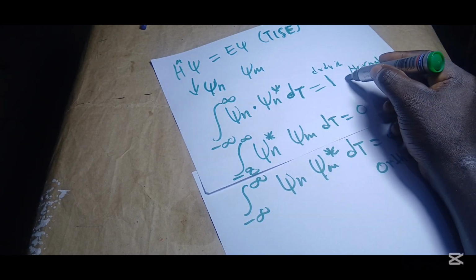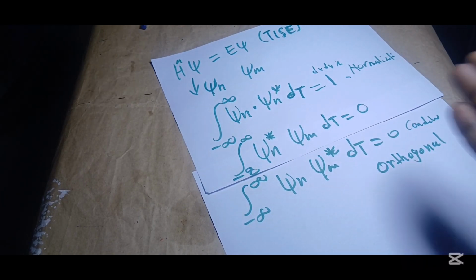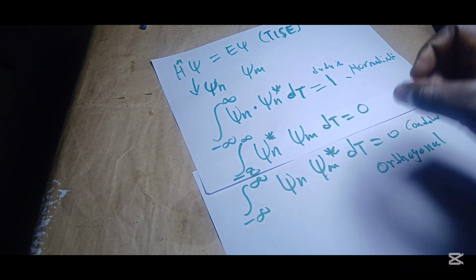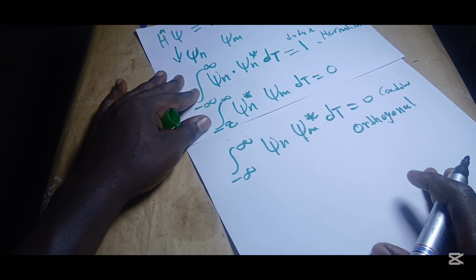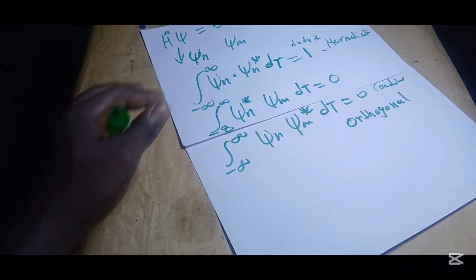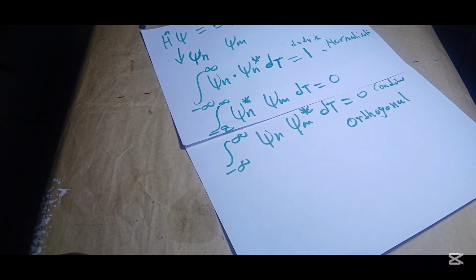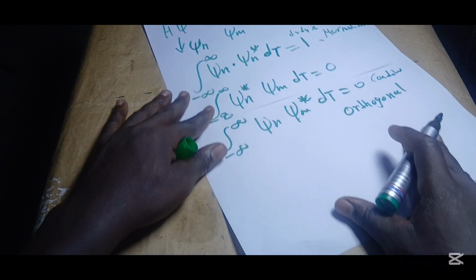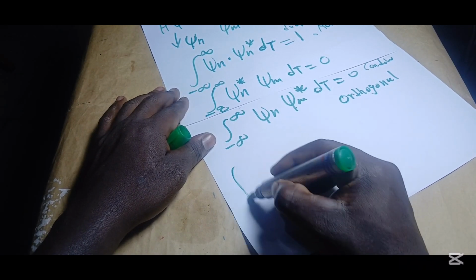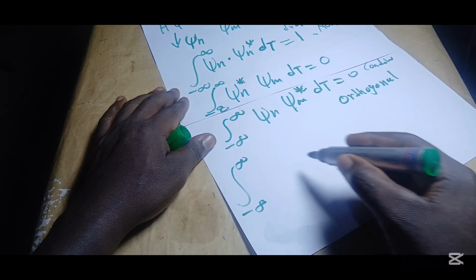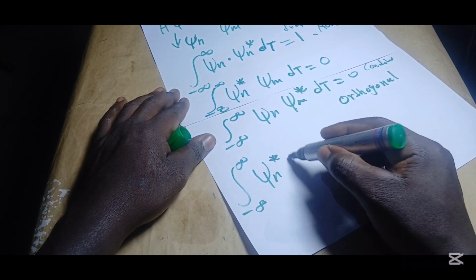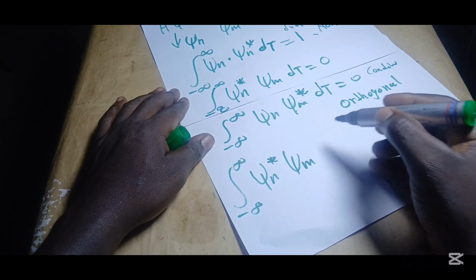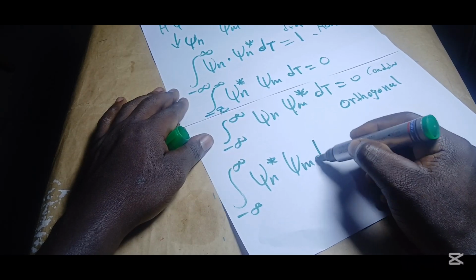And this is the normalization condition. Generally, for normalization, we are looking at the same wave function and its complex conjugate. So let's combine these two ideas, the normalization and the orthogonality condition. We can say the integral from negative infinity to positive infinity of psi n and psi m volume elements.